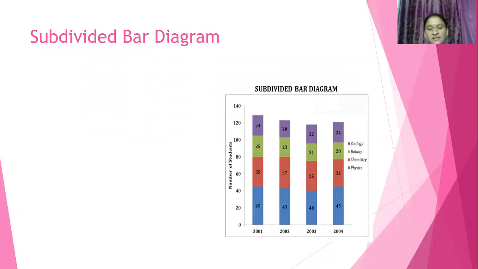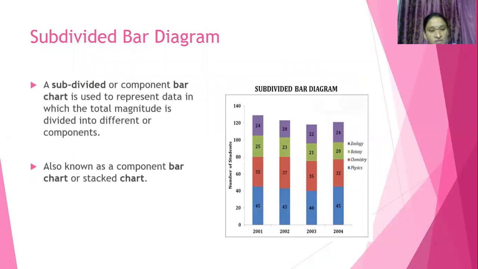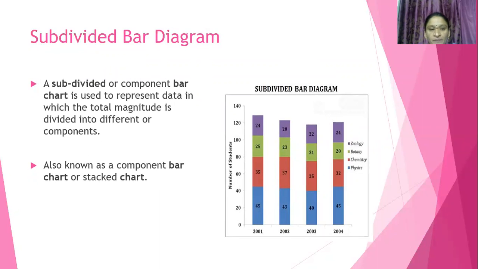Here the 4 subjects' data is represented in a single bar. So it is used to represent the data where the total magnitude is divided into different components. That's why it is also called a component bar chart or stacked chart.